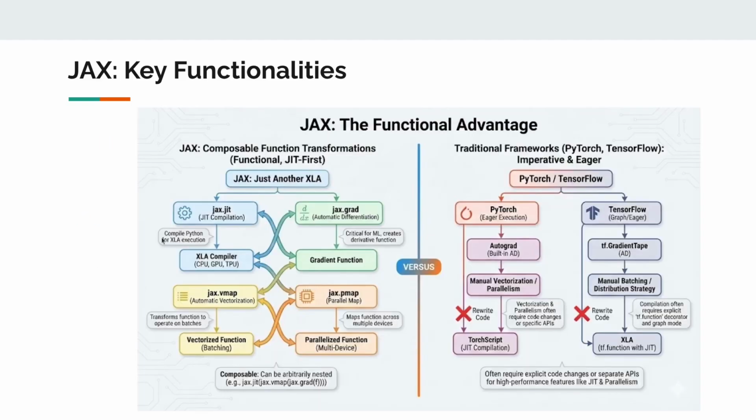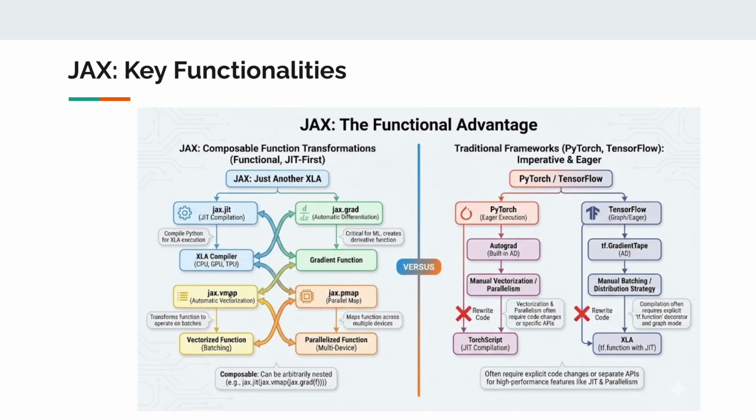Now let's talk about the key functionalities of JAX. There are four key functionalities we'll be looking at. One is jax.jit, which will compile your Python function into a computation graph, which gets executed in XLA. Then comes jax.grad, which is the automatic differentiation function that will be heavily used in machine learning problems.